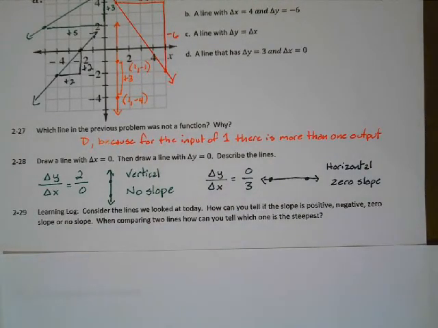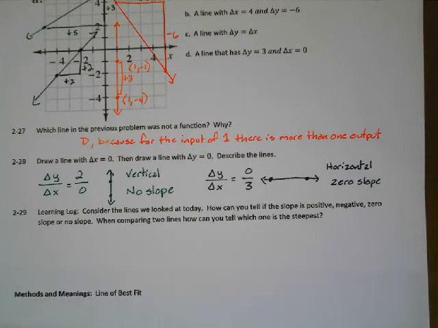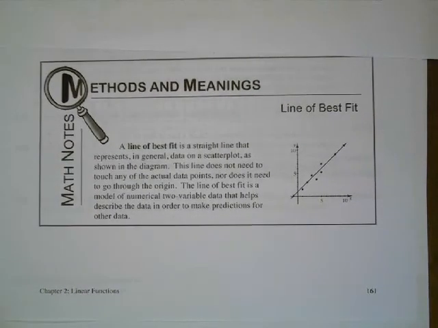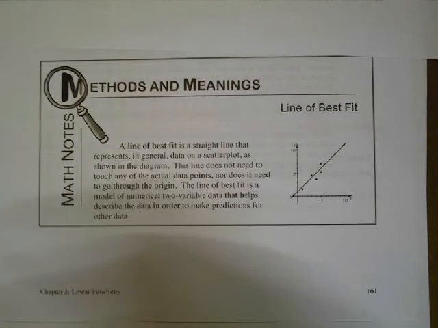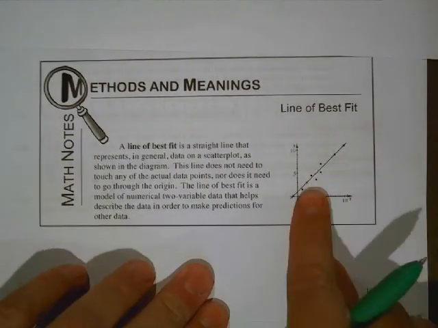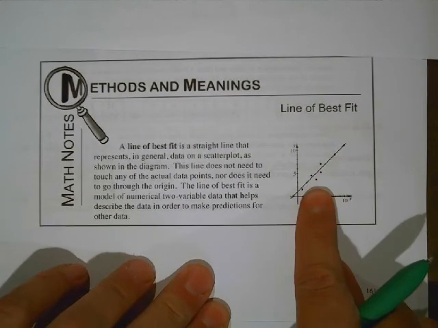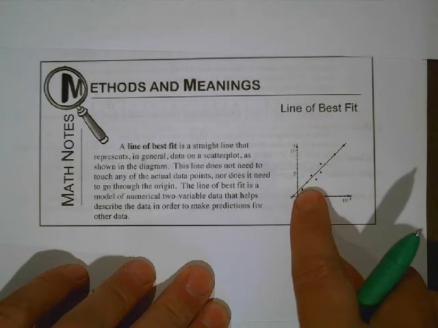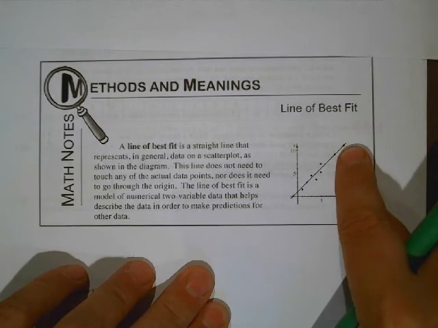Before we do that, we have a little bit of the methods and meanings. And this is over the best line of fit. So we're going to especially see a little bit later when we do a unit that covers some data, is that sometimes our points don't match up and they're a little bit random. These points are a little bit random, but they kind of go in the same general direction.